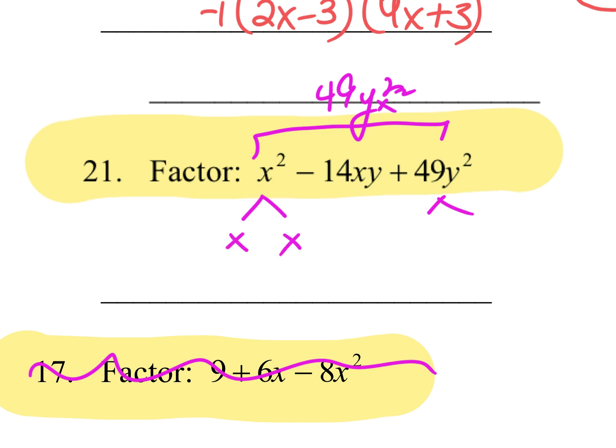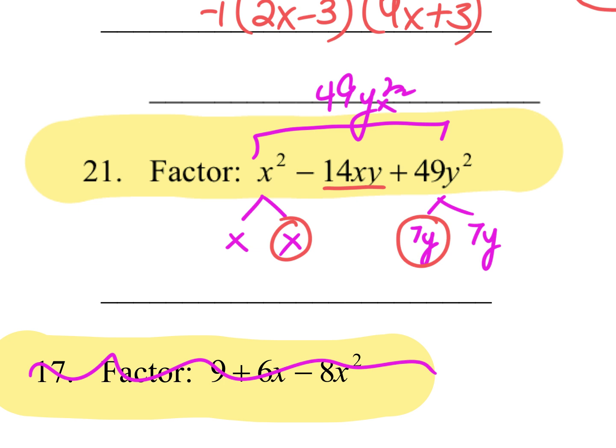What times what gives me 49y squared? 7y. How do we check to see if this is a perfect square trinomial? You take the first term, multiply it by the second term, and times it by 2. What is x times 7y? 7xy times 2 is 14xy.